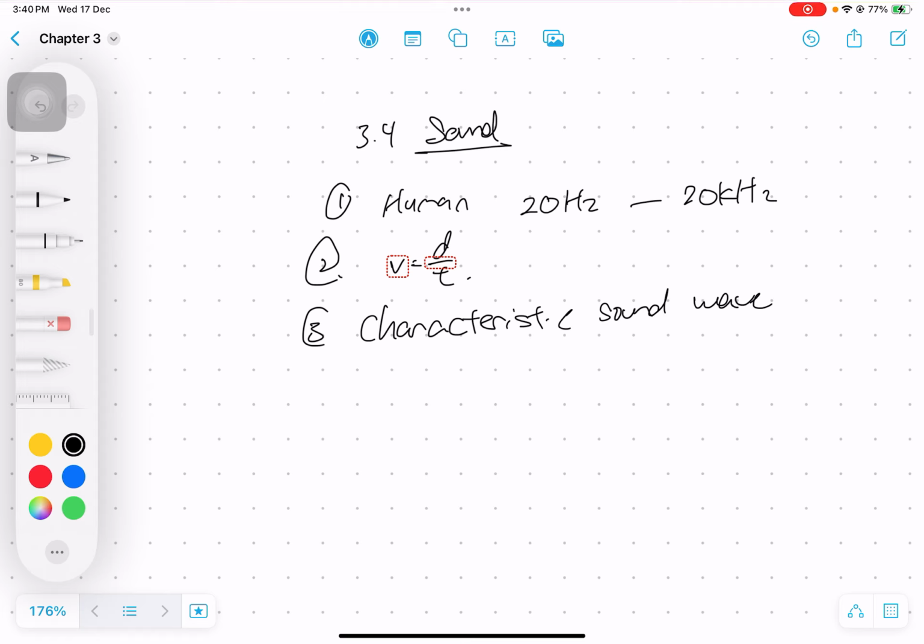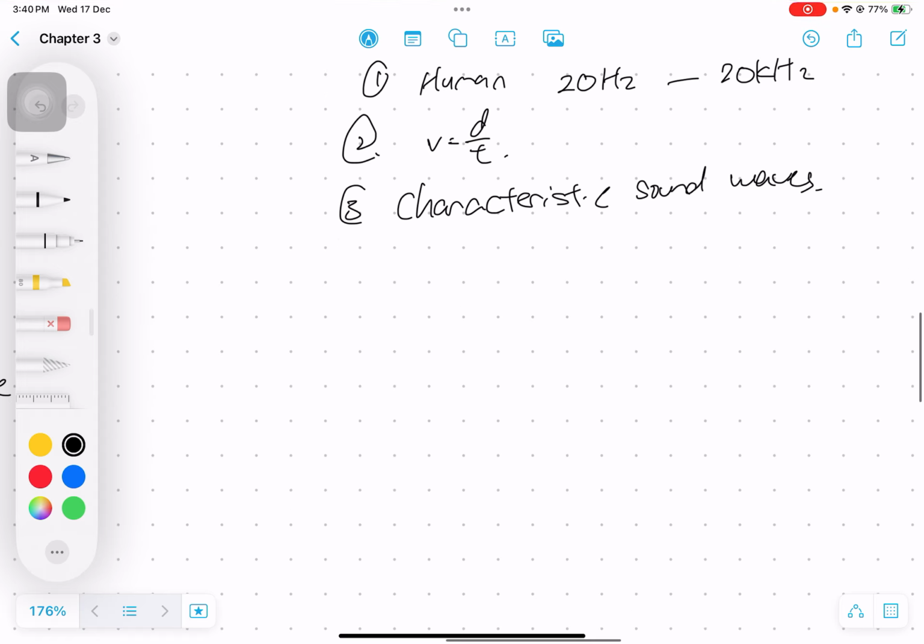We can change two or three things: amplitude, frequency, and maybe wavelength.